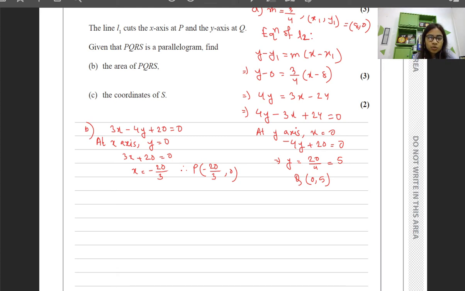We can draw a small diagram to understand the locations of the points. R is over here, that is 8 comma 0. Then P is over here, which is minus 20 over 3 comma 0. Then Q is somewhere here, that is 0 comma 5.